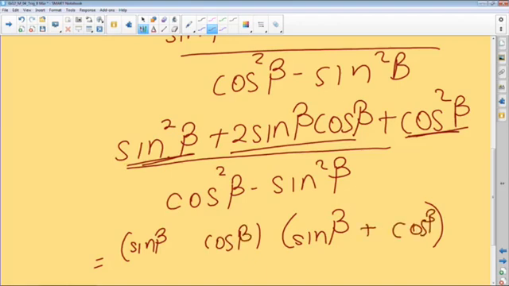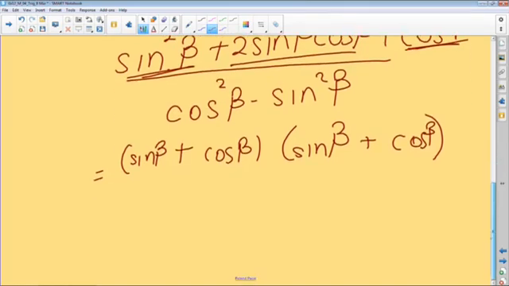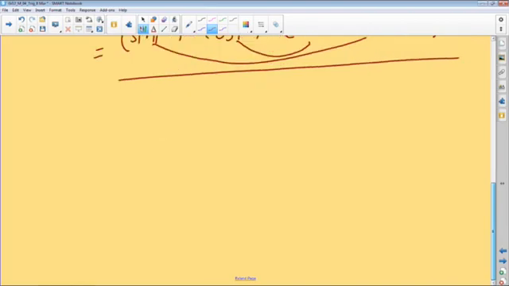And if I were to add those terms up once I've expanded, so that means I'm going to get plus 1 cos beta sine beta plus 1 cos beta sine beta. If I expand, that does indeed give me 2 sine beta cos beta in my numerator.